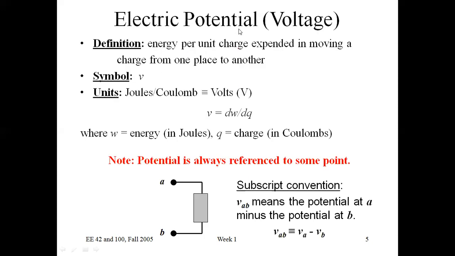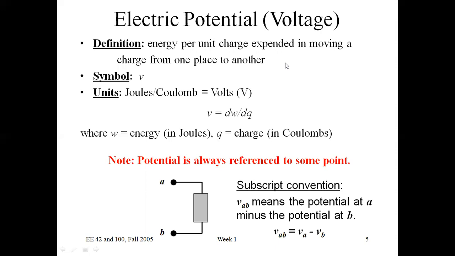Then next is the electric potential. What is electric potential or voltage? It is the energy per unit charge expended in moving a charge from one place to another. Whatever energy is required to move the charge from one place to another, that expended energy is nothing but the electric potential.